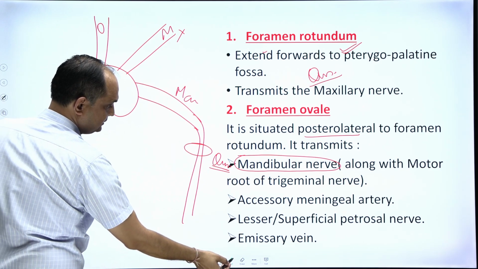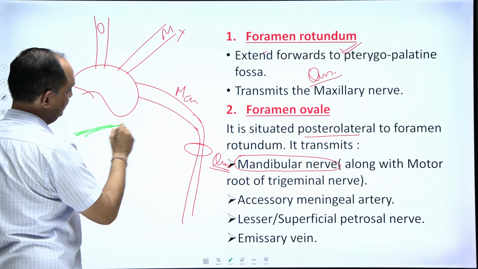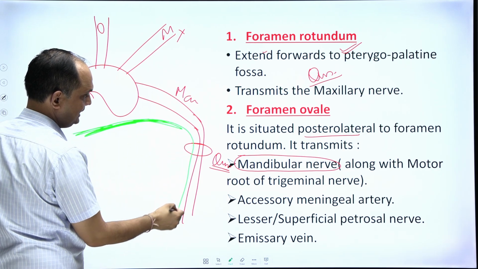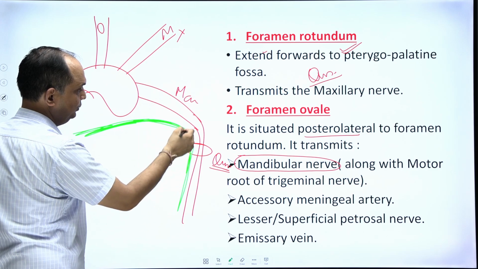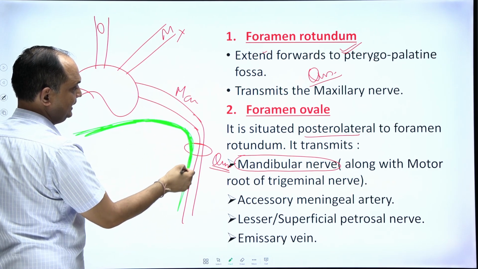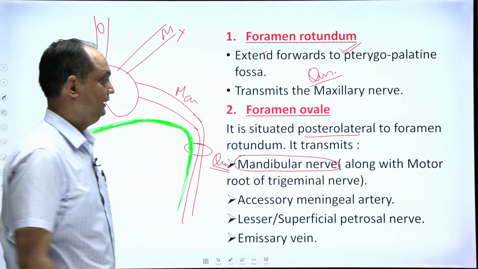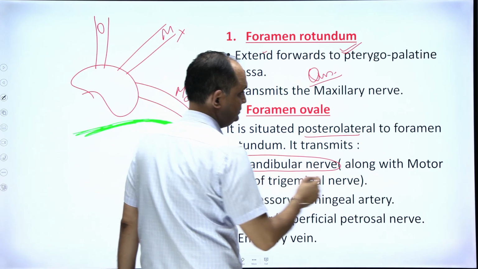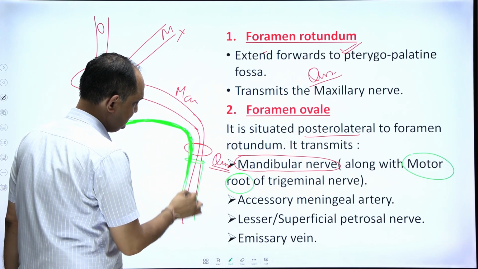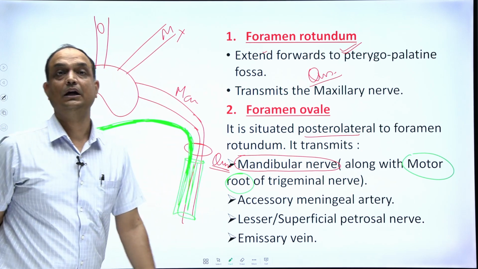But dear student, one important thing you have to understand is that below the trigeminal ganglion, there is a separate exit of the motor root of the trigeminal nerve. This motor root of the trigeminal nerve also comes out from the foramen ovale. What is that? It is the motor root. Then both of them will join, and this forms a single trunk of your mandibular nerve.